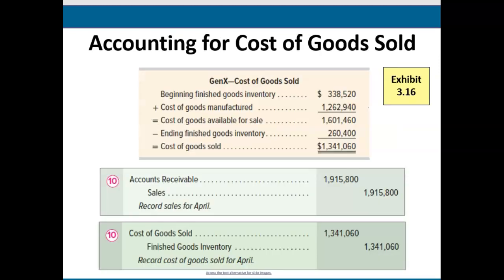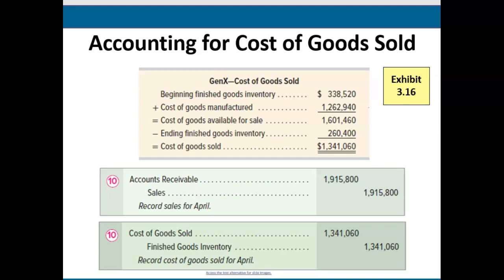Accounting for cost of goods sold. Arrow line 10 shows the sale of finished goods. Let's assume that GenX sold 103,000 units of Fit Mix this period, and that its beginning finished goods inventory was 26,000 units with a cost of $338,516.